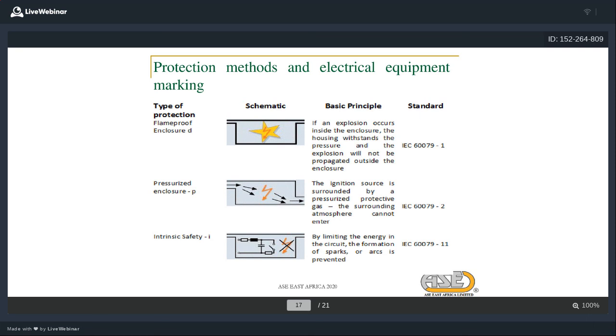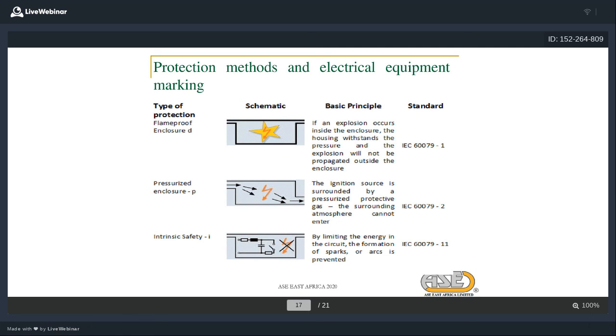Flameproof enclosures. The equipment can be enclosed inside this enclosure, and this housing withstands the explosion.